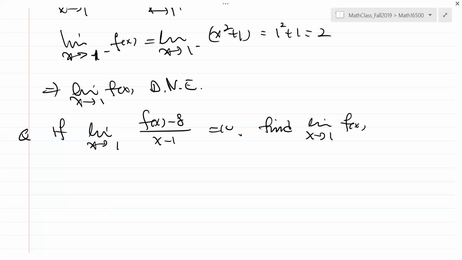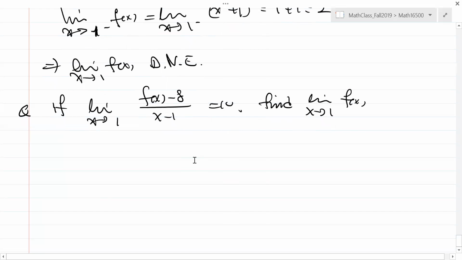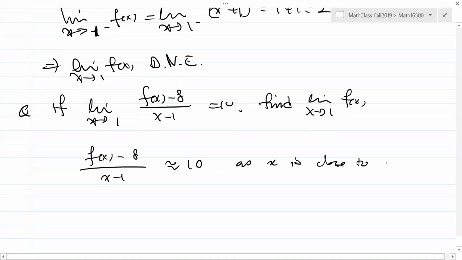If the numerator approaches a non-zero number, the limit would not exist. So roughly speaking, f(x) minus 8 over x minus 1 is almost equal to 10 as x is close to 1.